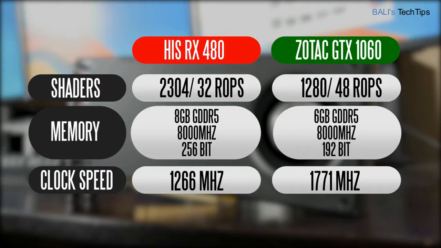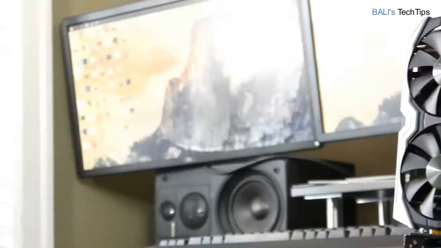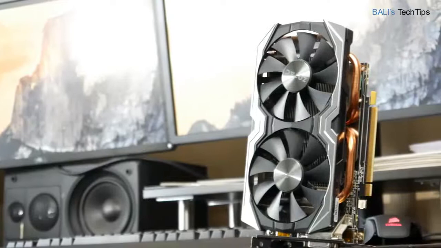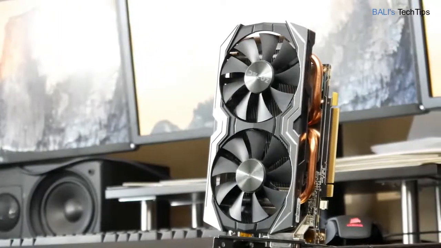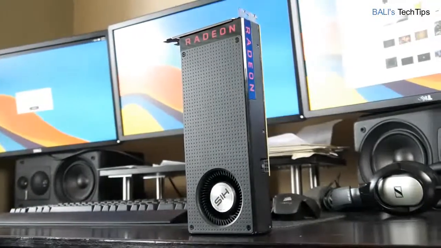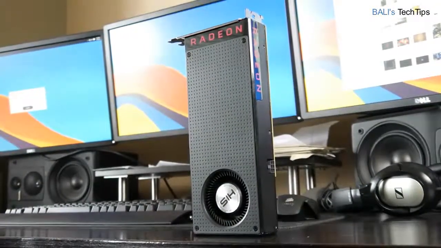Both memory clocks run at 8,000 megahertz, and when it comes to the overall core clock speeds, the 1060 is really fast. In fact, the AMP edition from Zotac that we have over here runs at over 1700 megahertz on its boost frequency versus the RX 480 at around 1266 megahertz on its factory settings.